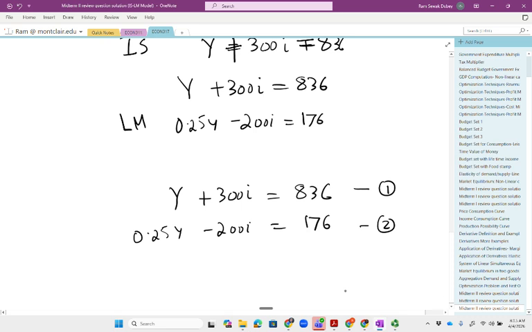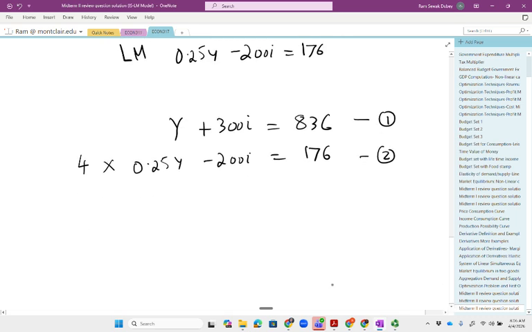There are multiple ways of solving these equations. The way I will do it is to simplify such that we have only one unknown, so that one equation in one unknown can be solved easily. For that, notice that if I multiply the second equation by 4 and subtract it from the first equation, then the y term will cancel out.